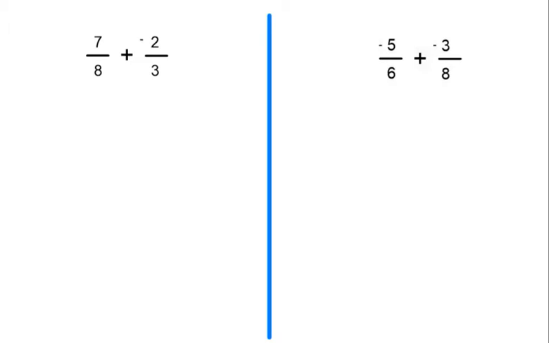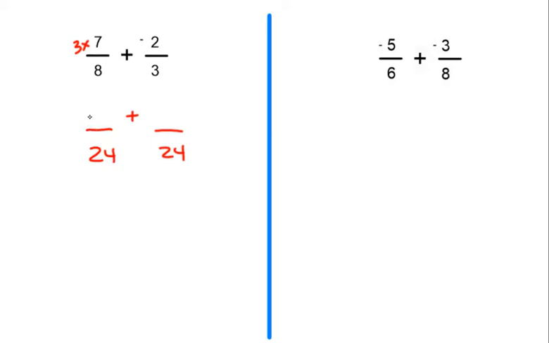So let's do some addition of fractions here. All right, first we have 7 over 8 plus -2 over 3. So the first thing I'm going to do is make sure that I have a common denominator. So my common denominator here is going to be 24. So 8 goes into 24 3 times.